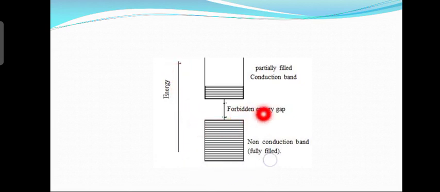You can see the forbidden energy gap, a large gap between the partially filled conduction band and the fully filled non-conduction band. Complete horizontal lines indicate a fully filled band, and partial horizontal lines indicate a partially filled conduction band. This is the conduction band, this is the fully filled non-conduction band, and this energy gap is called the forbidden energy gap.